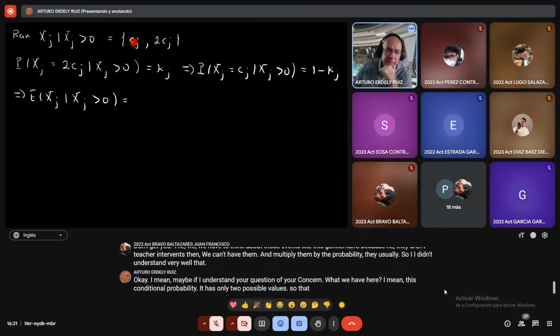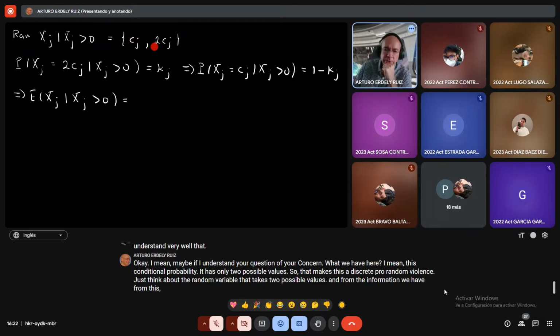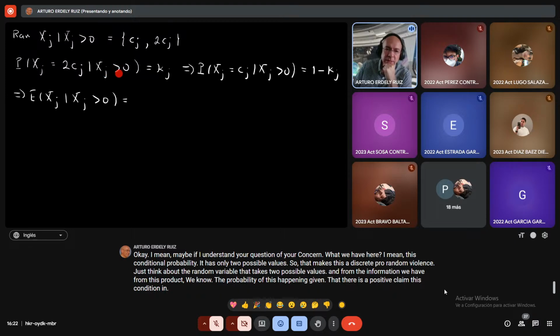So that makes this a discrete random variable, one that takes 2 possible values. From the information we have, we know the probability of this happening, given that there is a positive claim. This conditioning event means that the person died, I don't know from which cause.